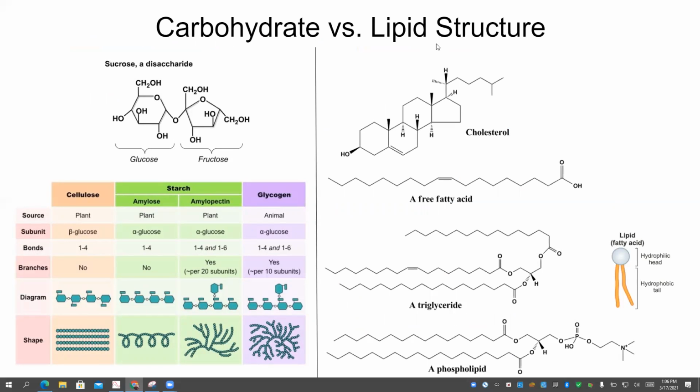Oftentimes people mess up, if they're going to mess up something, they're going to mess up carbohydrates and lipids, specifically because some lipids have rings. Carbohydrates are always going to be isolated rings in some way, and there's going to be an oxygen linking them. Whereas in lipids, specifically steroids like cholesterol or testosterone or estrogen, they're going to have rings too, but they are tightly linked together, and there is almost no oxygen in them at all.